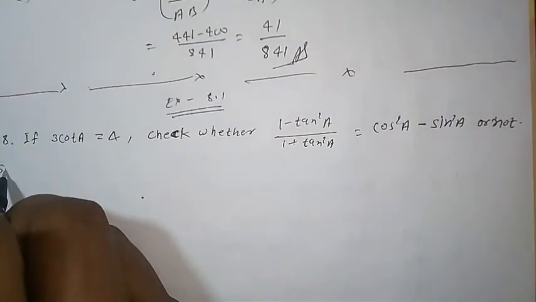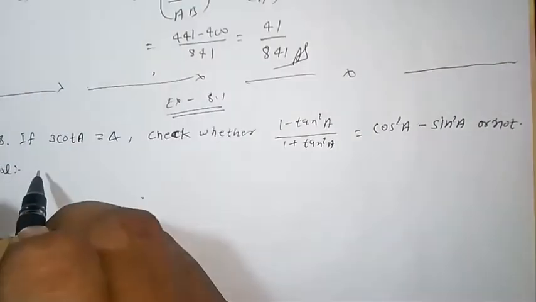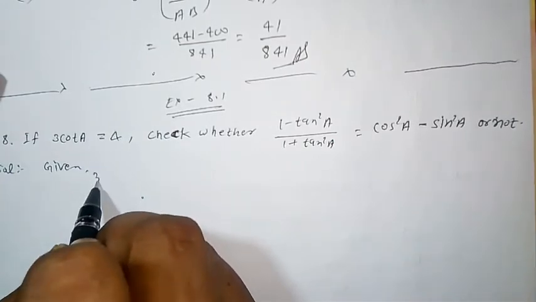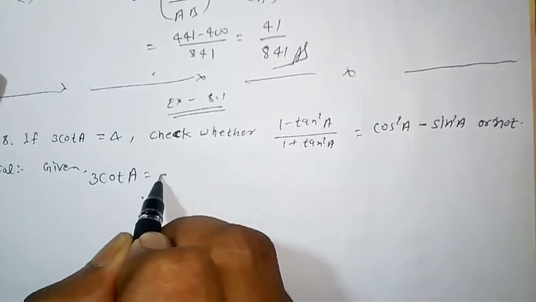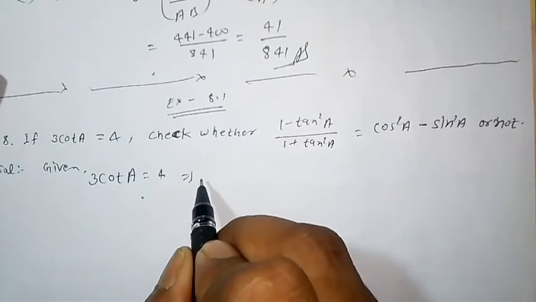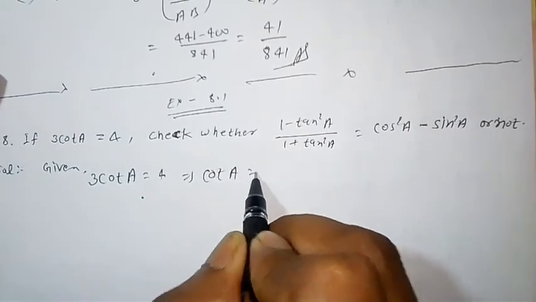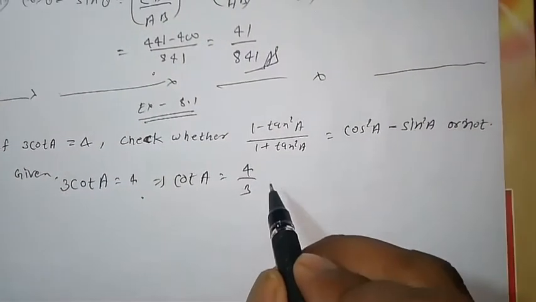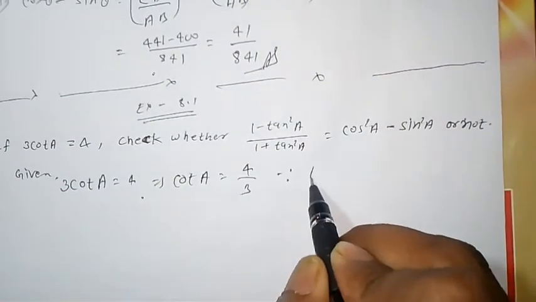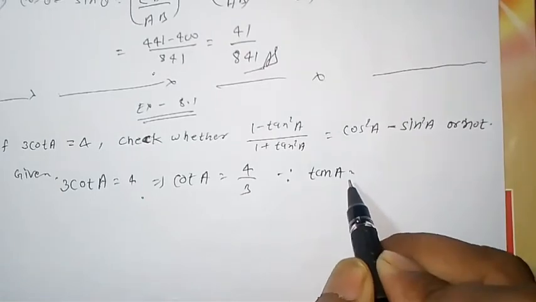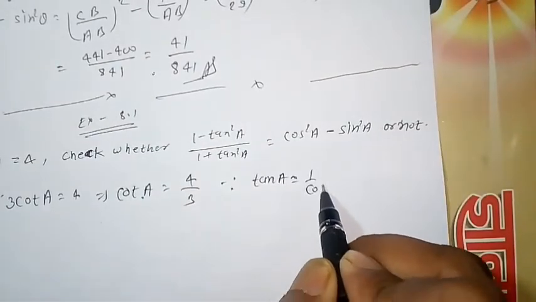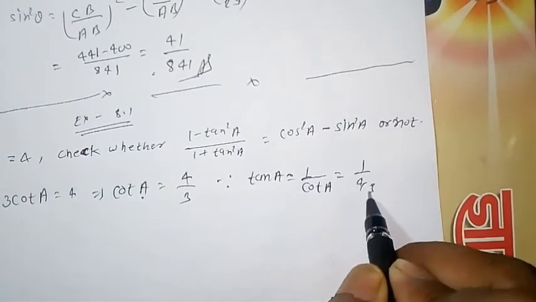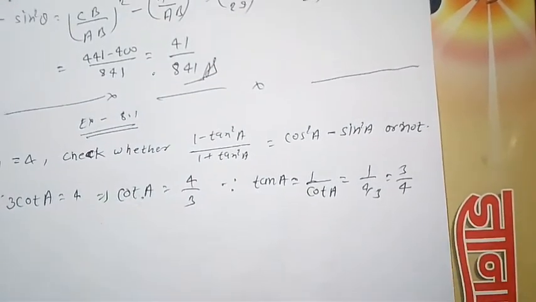Solution. Given 3 cot A is equal to 4, which implies cot A is equal to 4 by 3. Because tan A is equal to 1 by cot A, so 1 by 4 by 3 is equal to 3 by 4.